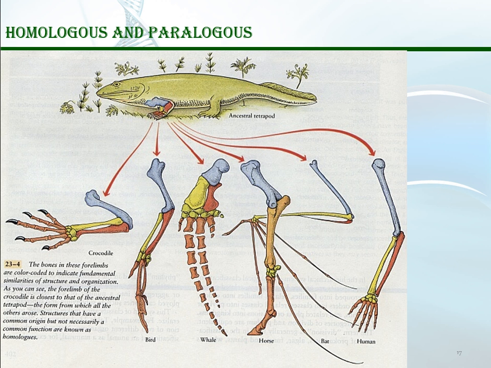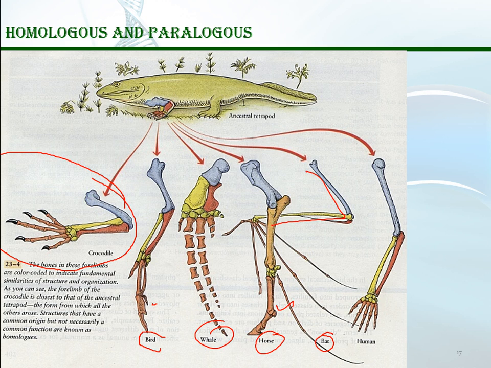So homology and paralogy, this is one of the ancestral tetrapod. So these are going to be evolved. Bird hand is like this, whale tail is like this, horse hand is like this, bat hand is like this. So these are going to be evolved, and this is the hand of human.